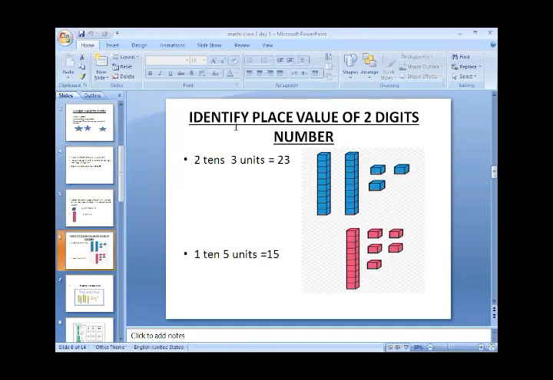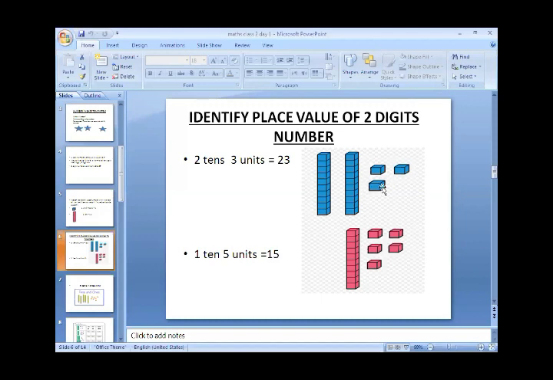Now you identify the place value of a two-digit number by using these blocks. Now count how many tens are there and how many units are there. You can see in the first picture there are 2 rods. So these 2 rods show 2 tens. So we write here 2 tens.